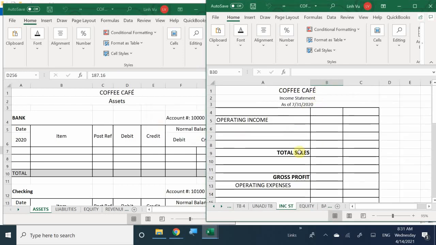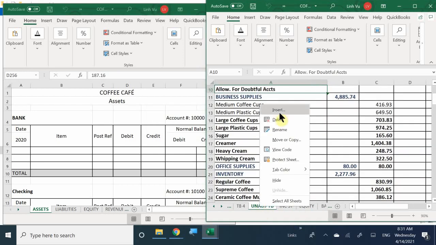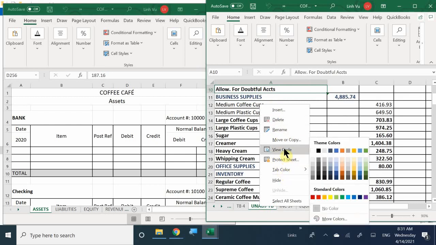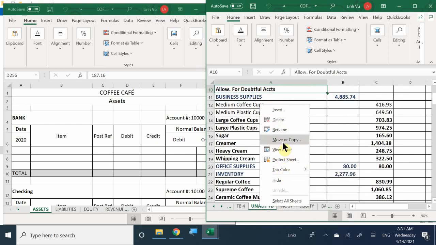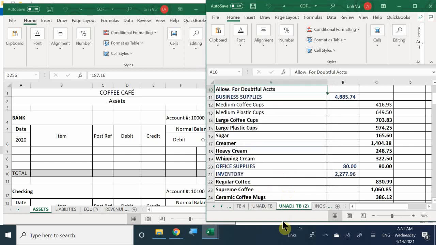And what we're going to do is actually create a copy of this one. So move or make a copy. Okay. And we're going to click on make a copy. And I'm going to place it right here in between my income statement, and I'm going to rename it to the adjusted trial balance.